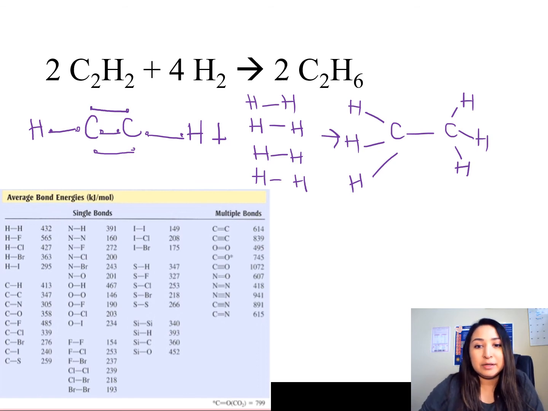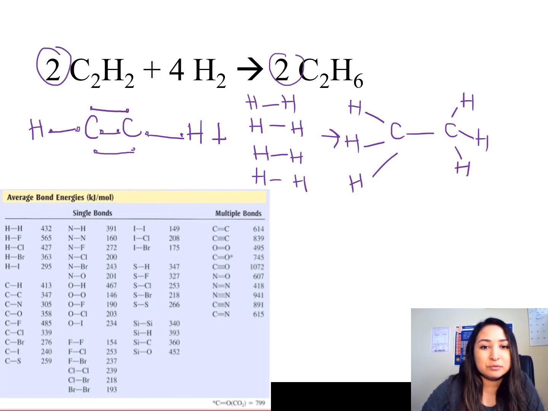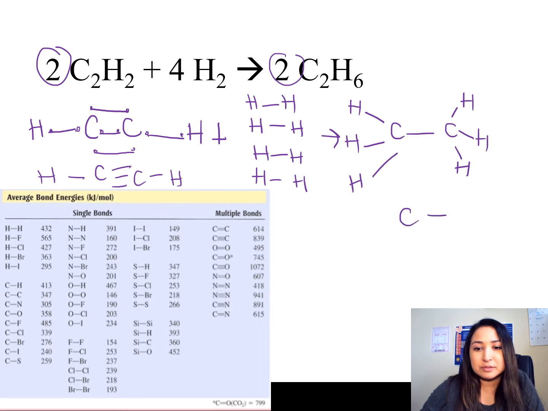Not only that, but we need 2 copies of this one. Oh, and I already made a mistake. We need 2 of the C2H2. So I'm going to draw another one of these, and then C2H2, I'll draw another one of those. C2H6, sorry. Correction.